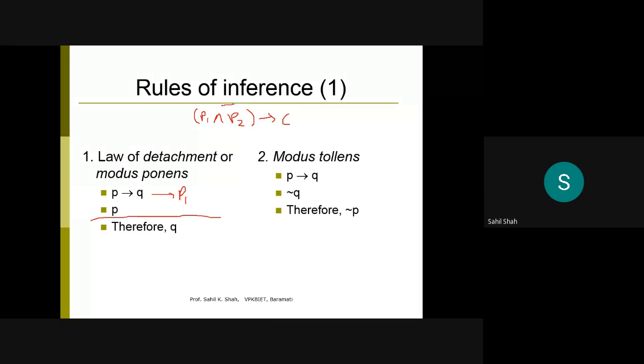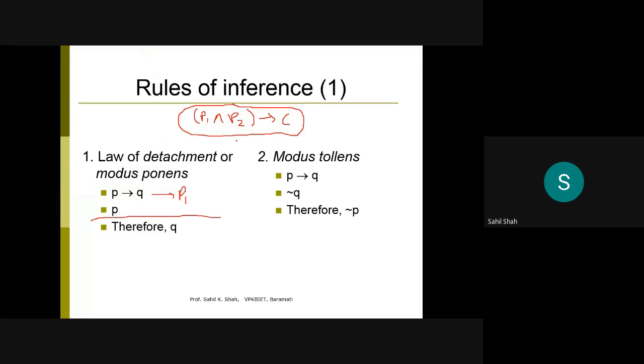So it is recommended that instead of simplifying the given premises using the laws of logic, you should try to construct a truth table. If it has 16 values, it is okay. I am not saying that if it has 32 or 64 values in your truth table you have to construct the same, but you can limit it up to 16 values.